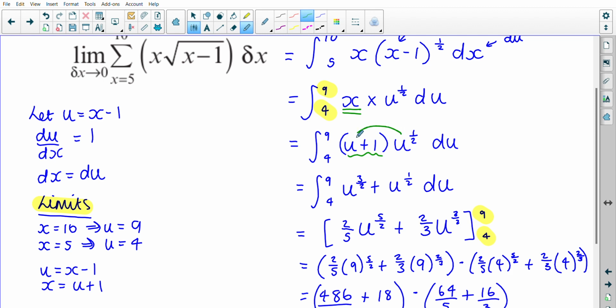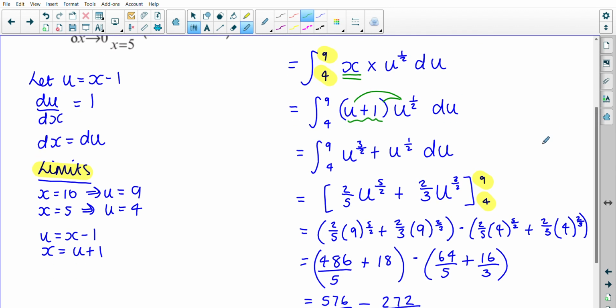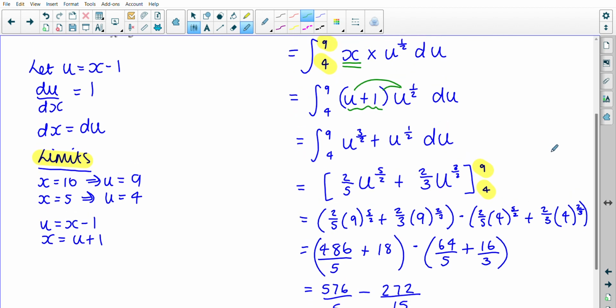Now if I expand, I'll get u to the power of 3 over 2 plus u to the power of a half. And then it's going back to some nice year 1 integration from here. So just add 1 to the power, divide by the new power for both terms. And then I'm substituting in the limits 9 and 4.